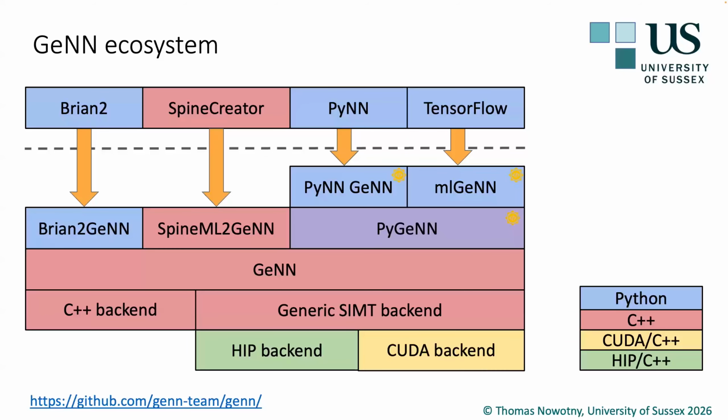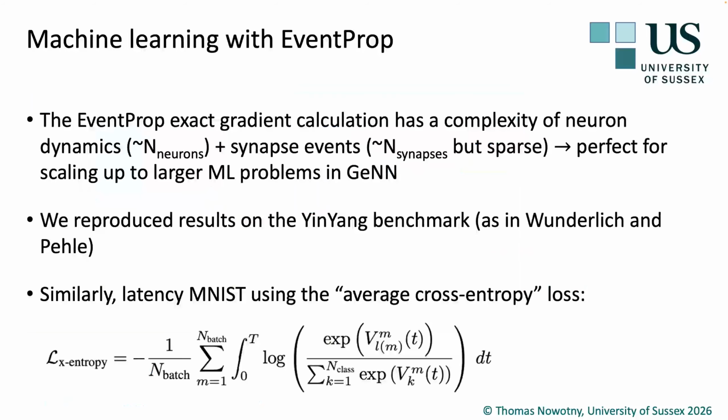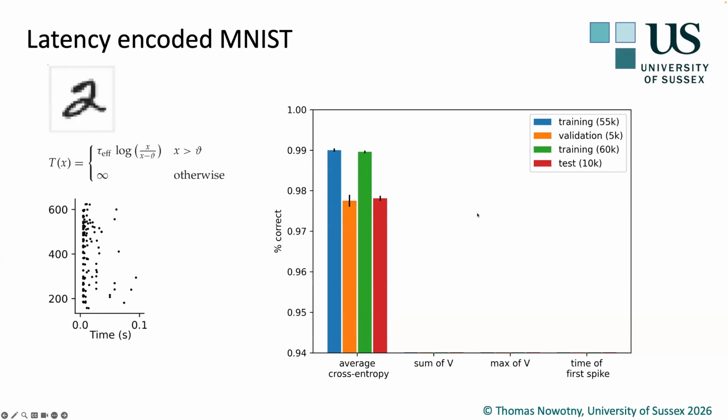And I realized that time is progressing, so I'm going to speed through this a tiny little bit. I just wanted to show you the kind of things that we have already shown work well. So we do the gradient calculation with the EventProp method in our software and can reproduce the results that the original authors of the EventProp method found. And we can also do the classification of MNIST that I was talking about, and we get decent performance.